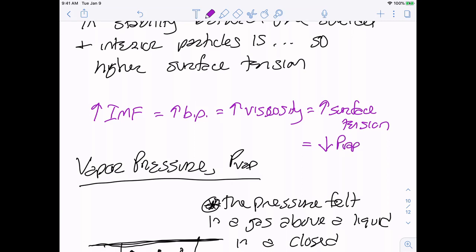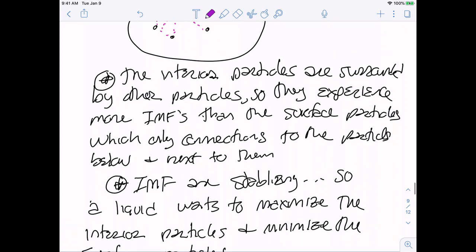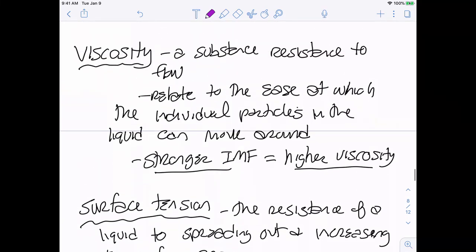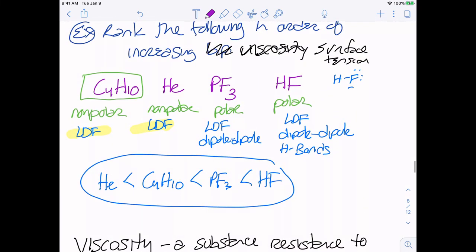So this time, if I was to go back up to this example and have you rank them in order of increasing vapor pressure, it's actually going to be the opposite. So helium, even though at room temperature it's going to be a gas. If we could have it in its liquid form, it would have to be in a tank under a lot of pressure, so it wouldn't be evaporating.